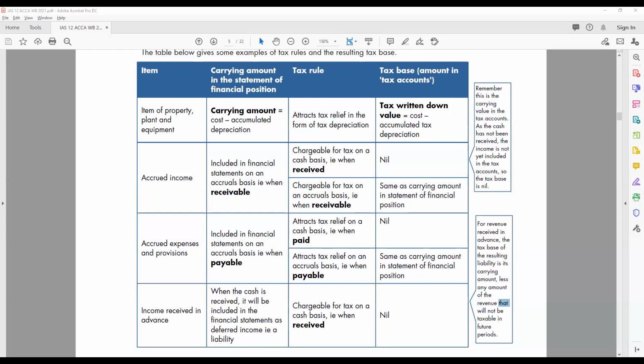Please respond, my dear students. Please respond. It's an interactive session, not a one man show. Which category does it fall under? Is it accrued expenses or accrued income, or what kind? What category, please?